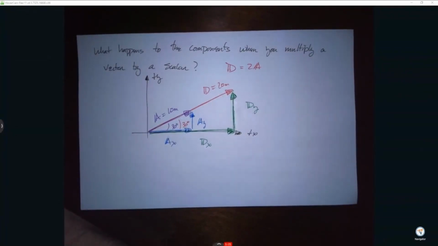So what that means is that the component triangles are the same shape, but they're different sizes. And so these are referred to as being similar triangles. With similar triangles, corresponding angles are equal, and corresponding sides are proportional.